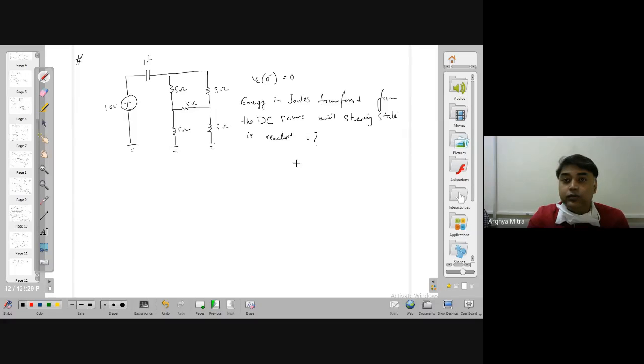That you need to find out. What is the energy in joules transferred from the DC source until steady state is reached?